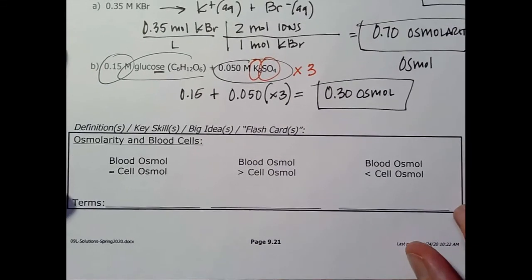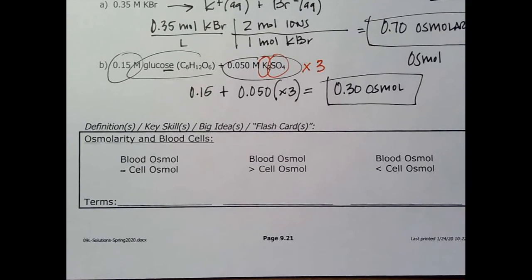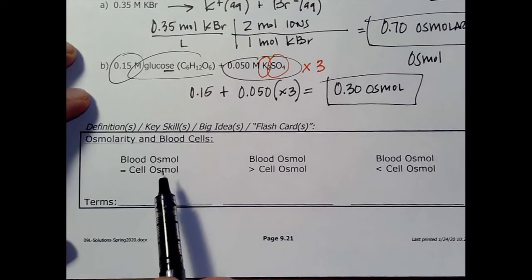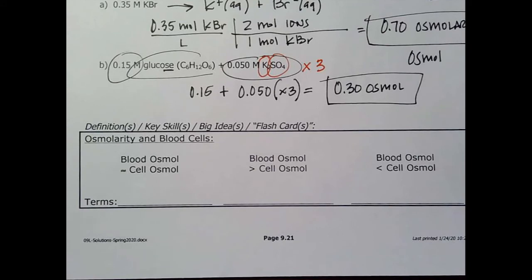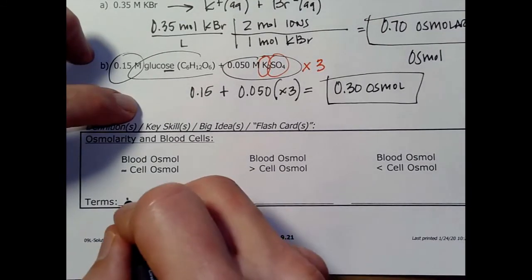Now, in a medical situation, here I'm telling you everything I don't know about blood and that biology stuff. But I guess there's blood, which is a solution, and there are blood cells, which must be these little spherical things sort of floating around in there. So when the osmolarity of the blood is equal to the osmolarity inside the cell, we say it's isotonic.